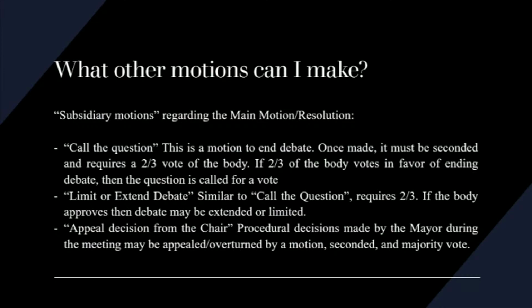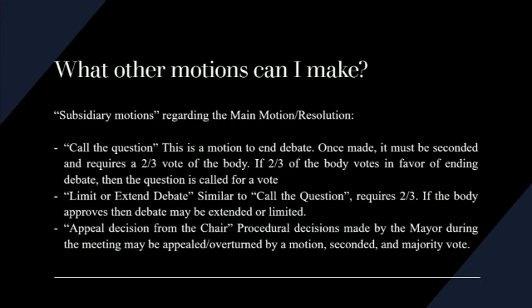Right? There's a similar motion, which is to limit or extend debate. It's similar to calling the question. It requires 2/3 vote, but that's more for when the mayor decides to call the question, and you wish to extend debate. And so the question fails, and I'm going to go to the mayor in a second because there's another parliamentary motion that you can make.